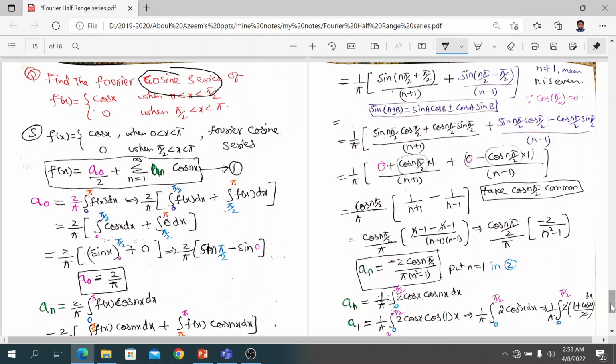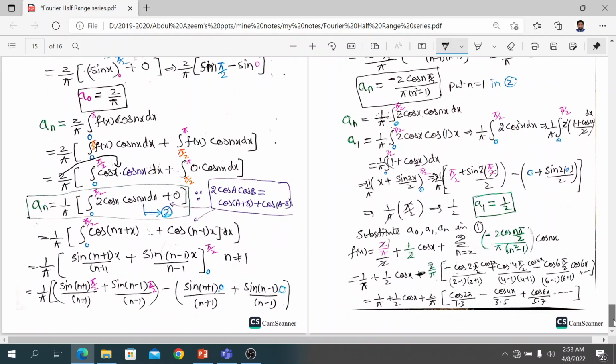So first we will find the a1 value. Put a1: 1 by pi integration 0 to pi by 2 of 2 cos x cos 1x, which is cos square x, so 1 by pi 2 cos square x, cos square theta is 1 plus cos 2x by 2. These two cancel, 1 plus cos 2x. Now upper limit minus lower limit. Integration of 1 is x, integration of cos 2x is sin 2x by 2, 0 to pi by 2.